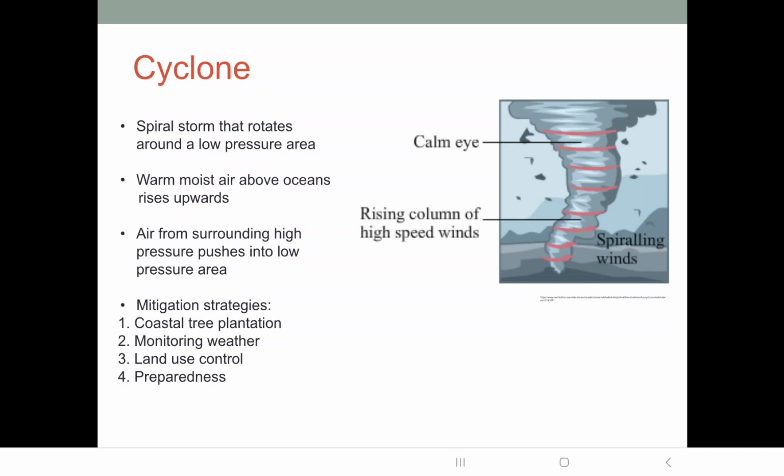Mangroves are forest. Okay, mangrove trees form a forest in the coastal area, and there are specific species of plants which can tolerate the high salinity.